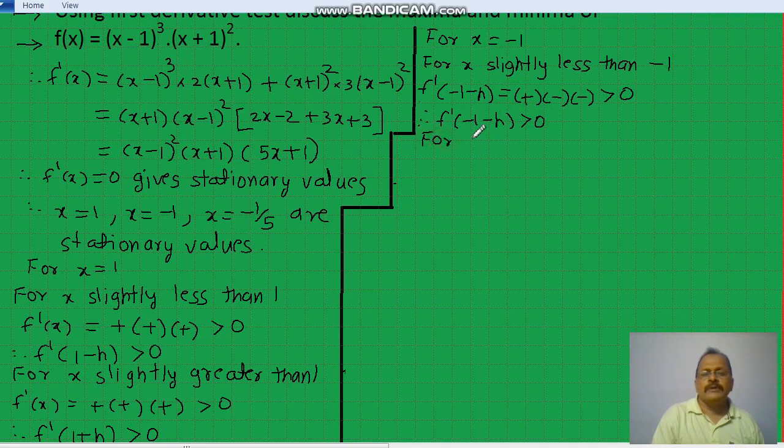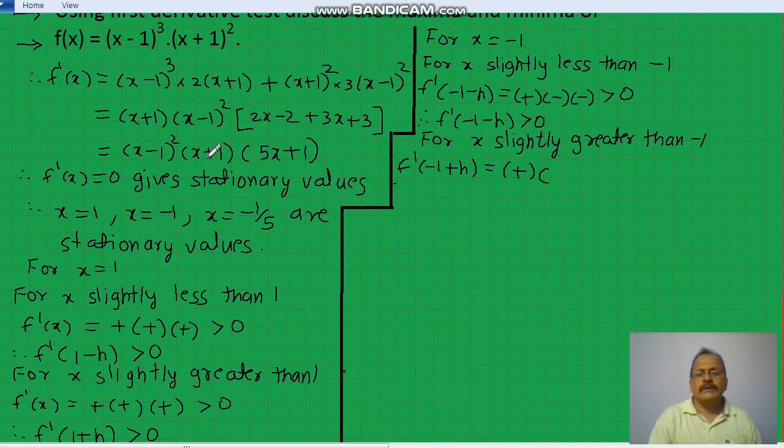For x slightly greater than minus 1, f dash (minus 1 plus h) is, as usual, the first number being square is positive, whatever may be the value of x.